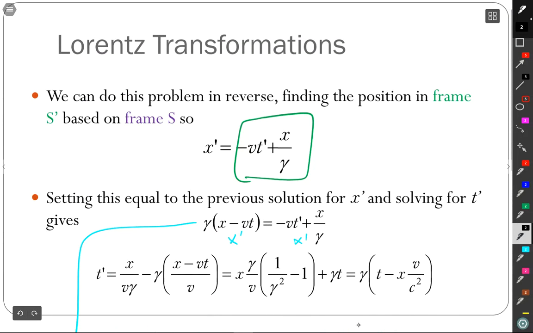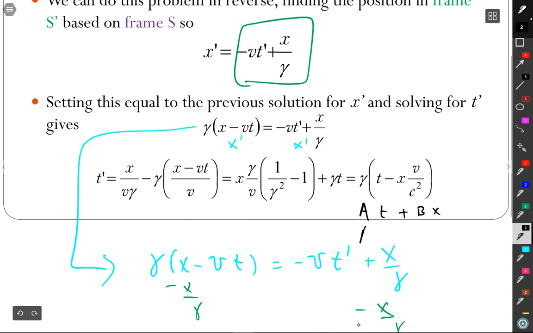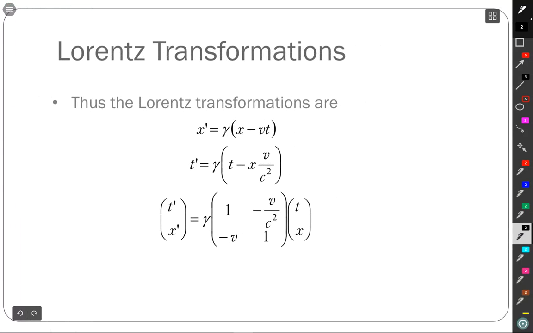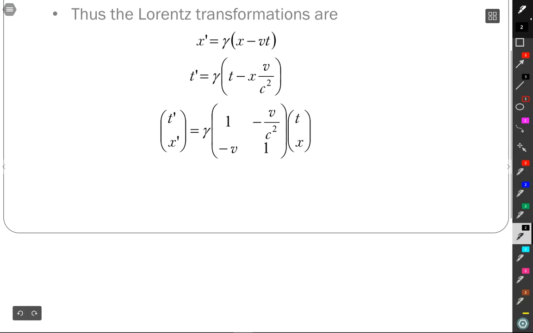And so now I can read once again, that's a t plus bx. So a is equal to gamma, and b is equal to minus gamma v over c squared. So now we found the four terms for my linear transformation. I have put it in my matrix form down below the line or in the separate equations up above the line.